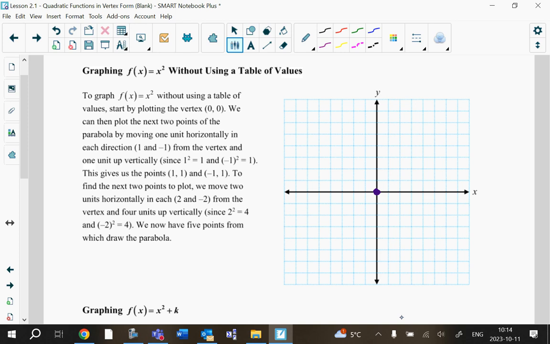And what's one squared? 1. So we moved one across in each direction, one squared, which is 1, up. There's 2 more points. What were the other 2? From the vertex, we moved 2 across in each direction, and then 2 squared up. What's 2 squared? 4. So we moved 2 across and 4 up. And then we get the parabola. You don't have to do a table of values.